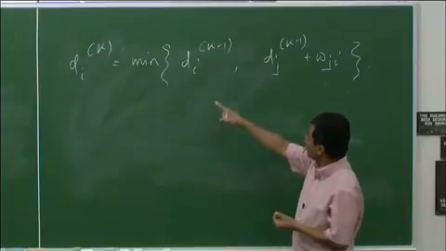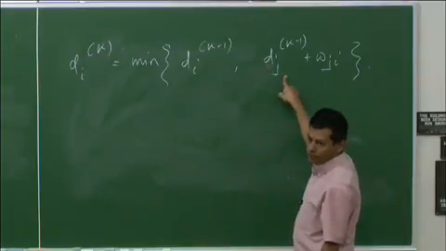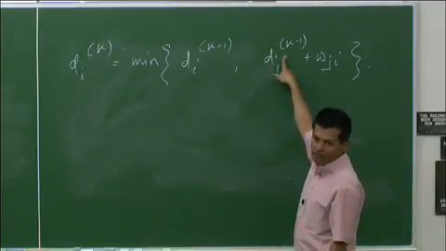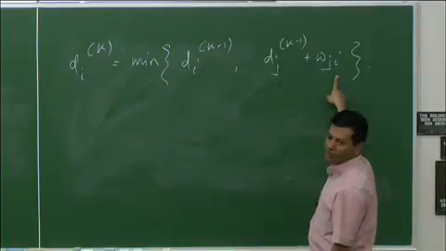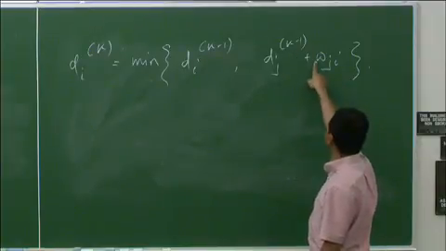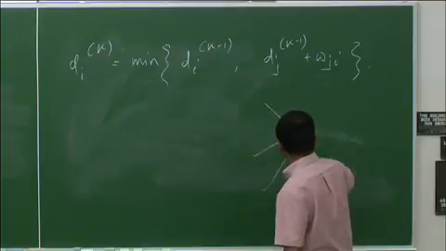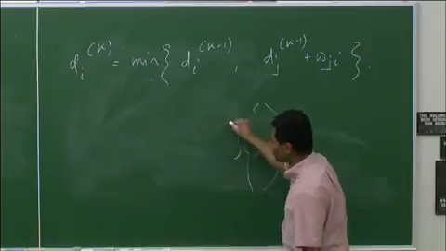That is one possibility. The other possibility is the shortest path distance from the source to node j with at most k minus 1 hops. Once you have come to j, you now take a final jump to i using w_ji. So, here is i, and these are nodes which are j.